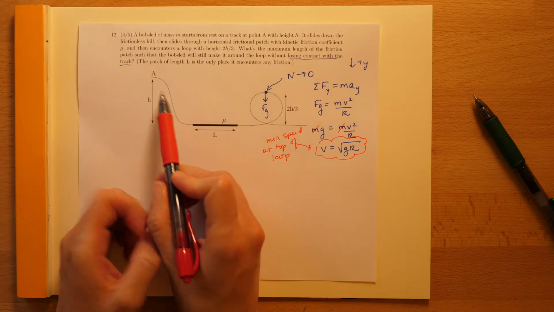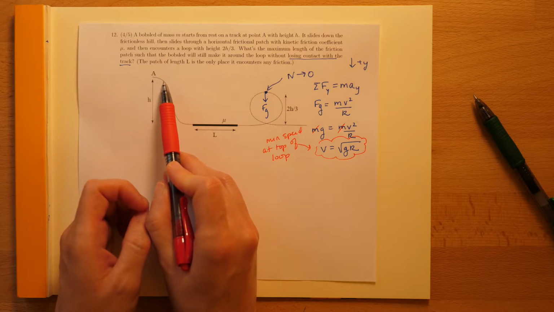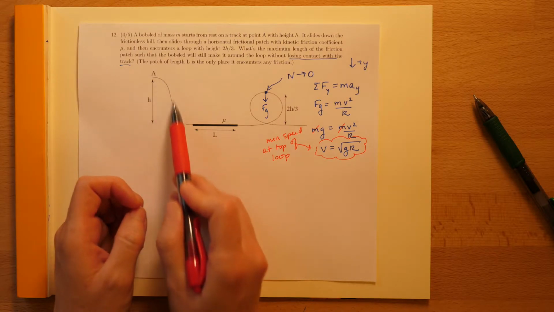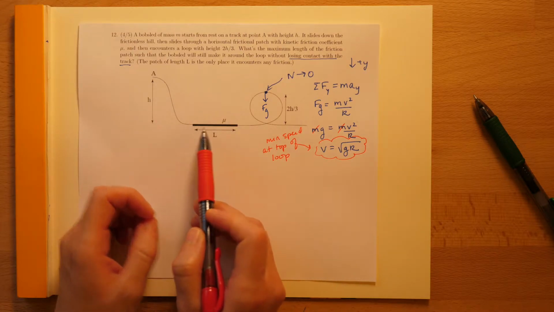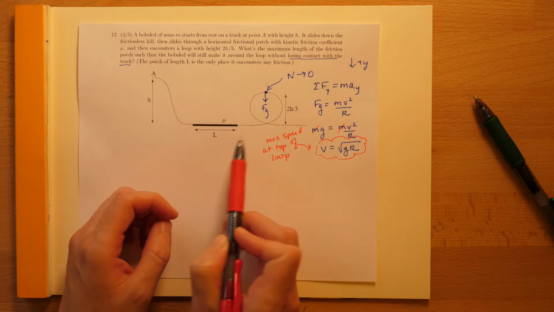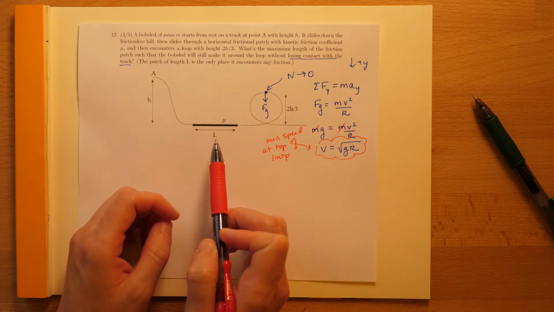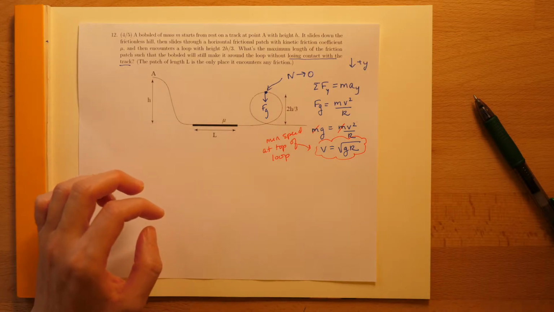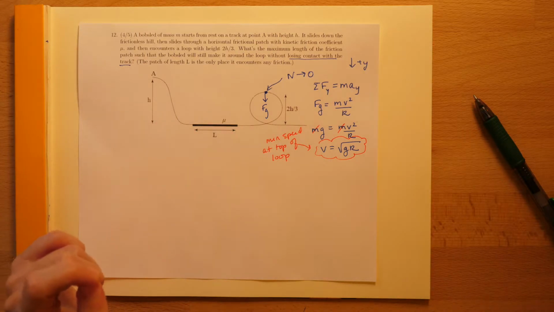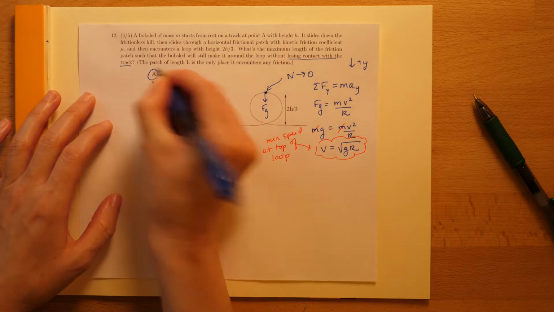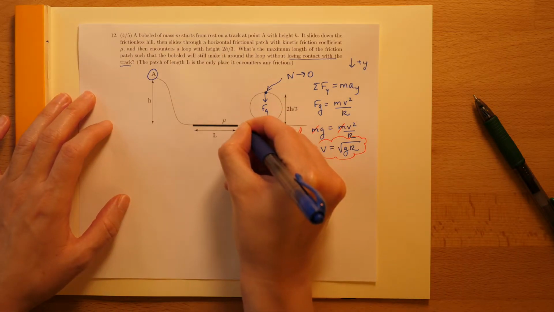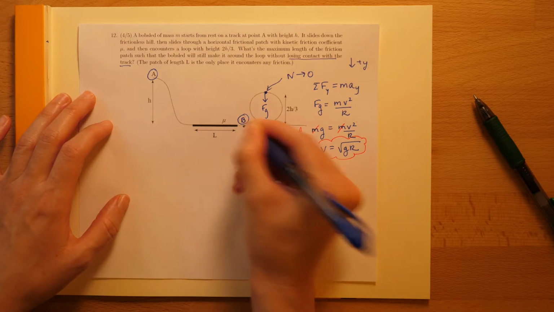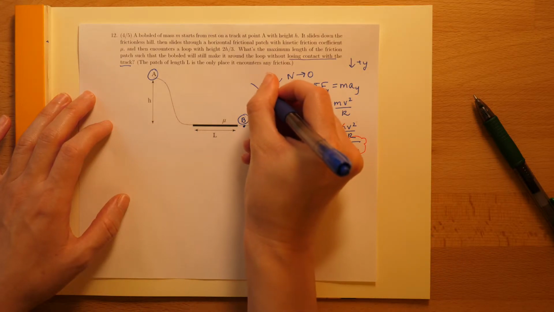So what's happening here is the bobsled goes down this hill and encounters this friction patch, and the friction patch is going to steal mechanical energy away from the bobsled and convert it into heat. So let's look at the energy at 3 points. Point A, let's say point B is here right after the friction patch, and let's call this point C.